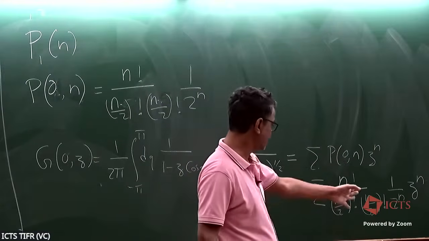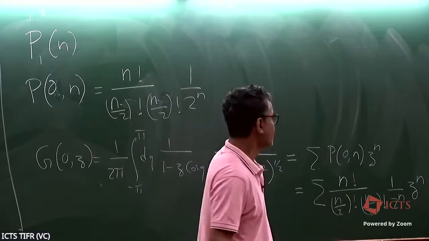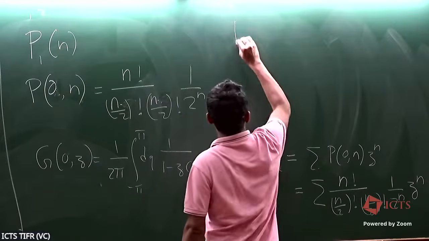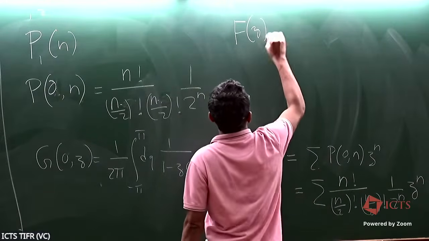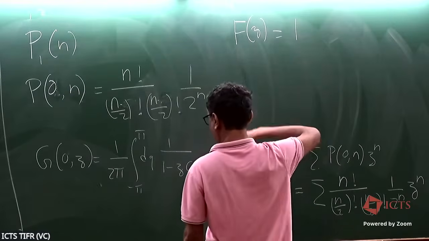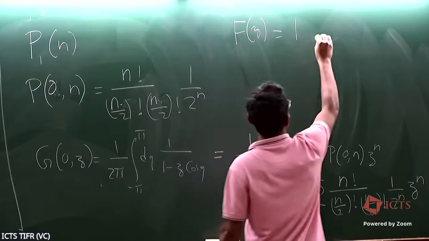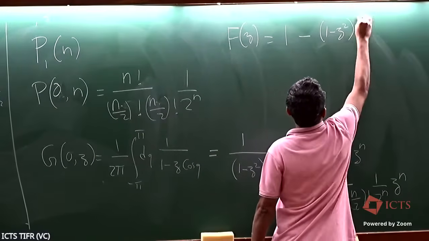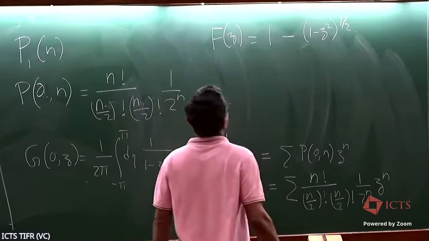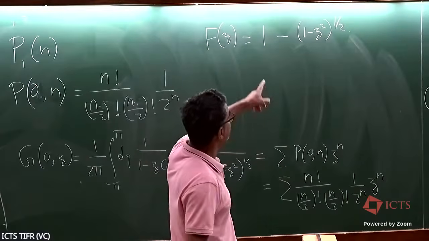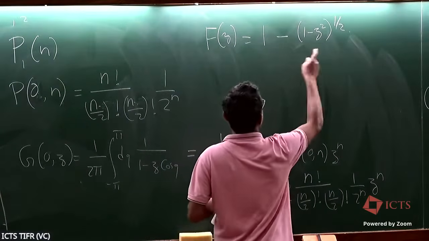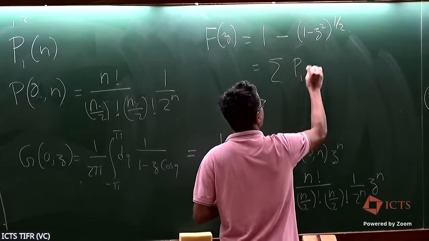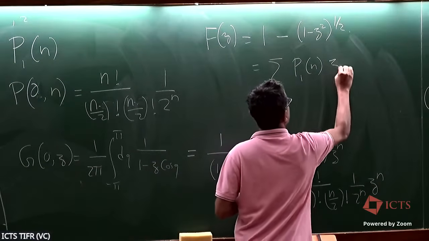Okay, but now of course we know this is true. Now we find f. So f is 1 minus this. Again, if we just Taylor expand this, we'll get some series which will immediately give us P1n z to the power n.